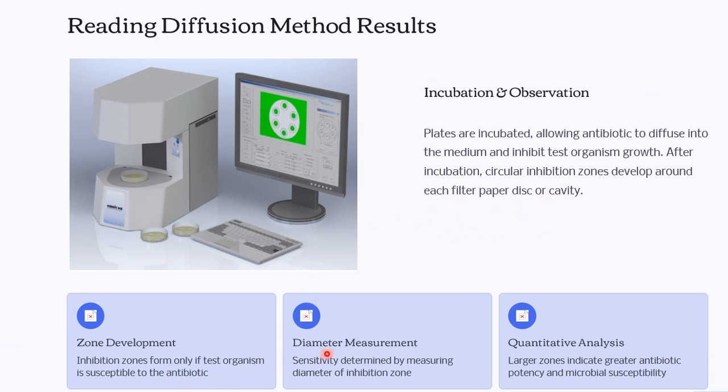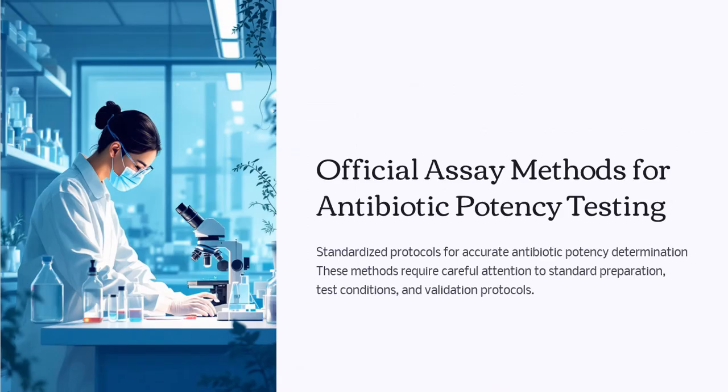Then the diameter of the zone is measured using the antibiotic zone reader, and the larger zones indicate greater antibiotic potency and microbial susceptibility. The larger zone indicates greater antibiotic activity and the smaller zones indicate lesser antibiotic activity.